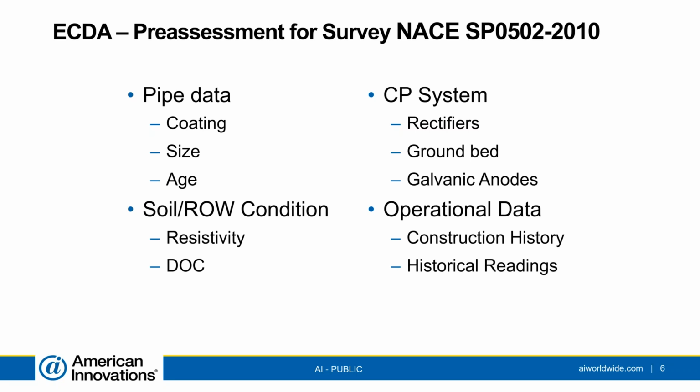If you can get it, what's the construction history on this line? Have sections been replaced and where? Has a tie-in been done here recently? What are the historical readings?